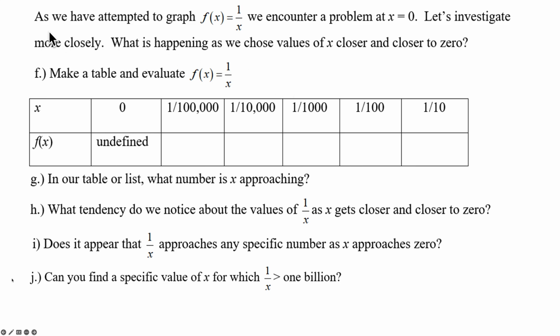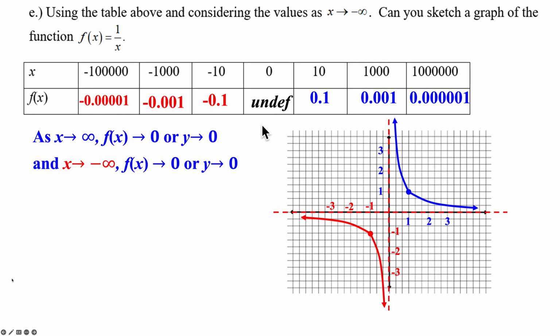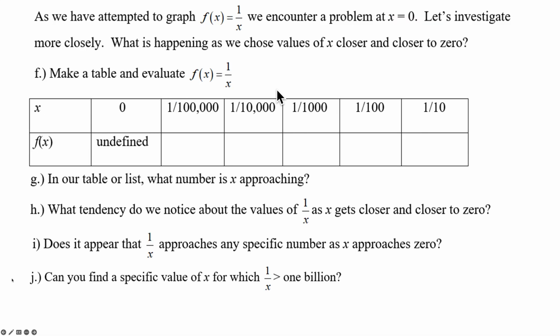So if we started putting in really small numbers, because again, I want to back up here real quick, is what happens when we're heading towards the 0. So now we know we're undefined, but if I try 1/10, I get a 10. 1 over 100, I get 100. Wait a minute.